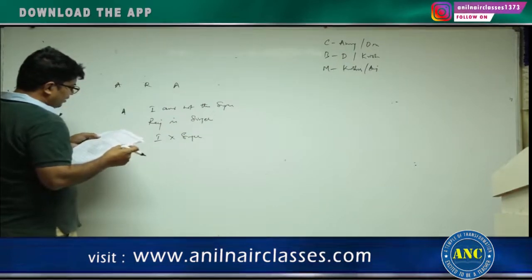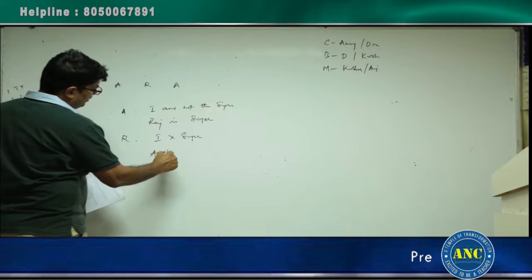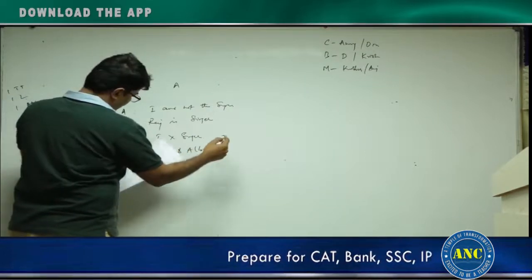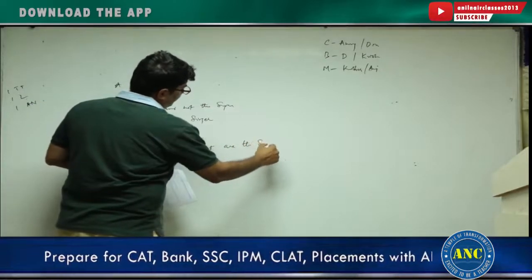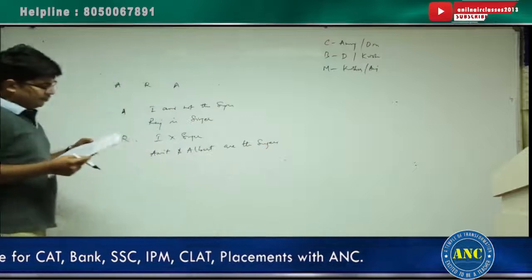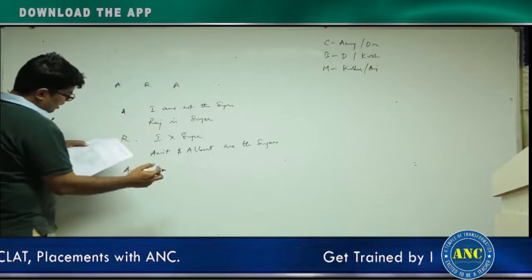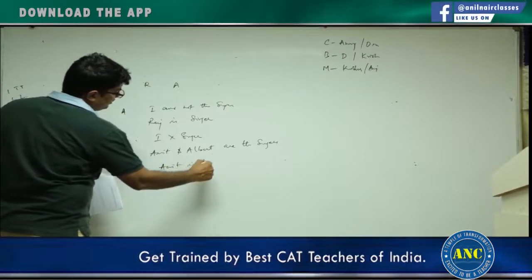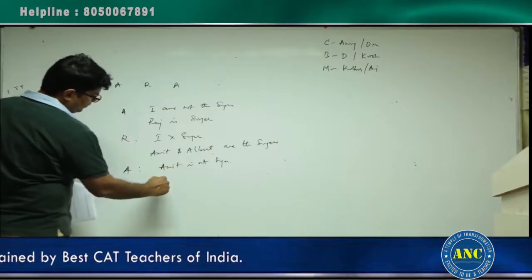Amit and Albert are the singers. Albert says, Amit is not the singer. Raja is not the singer.